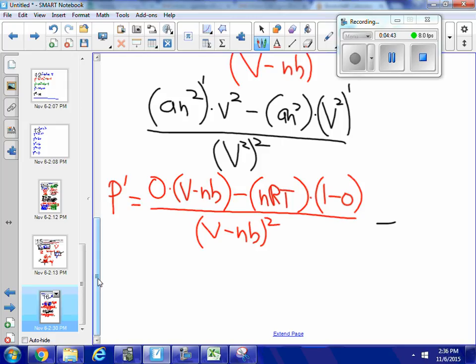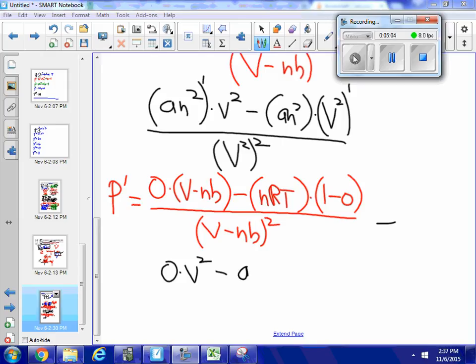Well, AN squared prime, since A and N are both constants, AN squared prime is 0 times V squared, minus AN squared times, put a bracket there, well, V squared, the derivative of V squared would be 2V, and that's all divided by V to the fourth.